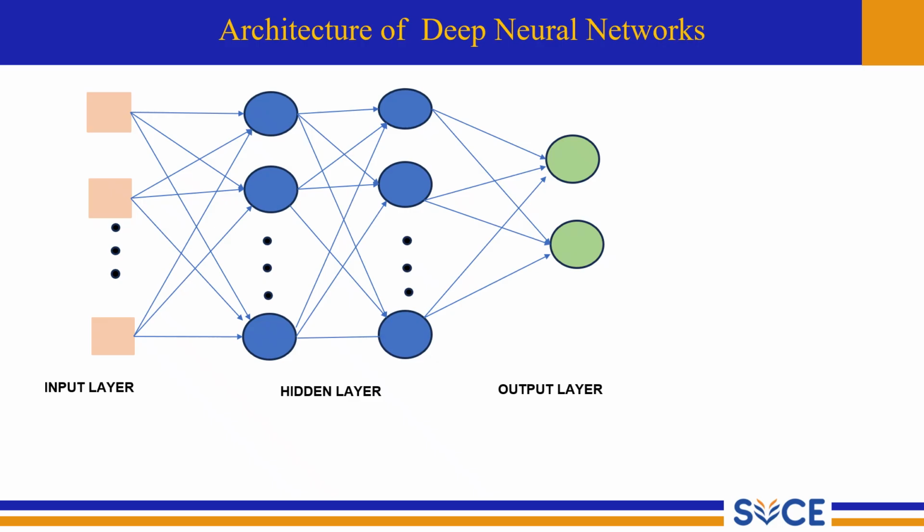The connections between neurons, represented by the arrows, indicate the flow of information and application of weights. During training, those weights are adjusted to minimize the error between the predicted and actual values. And this is the overall architecture of the deep neural network.